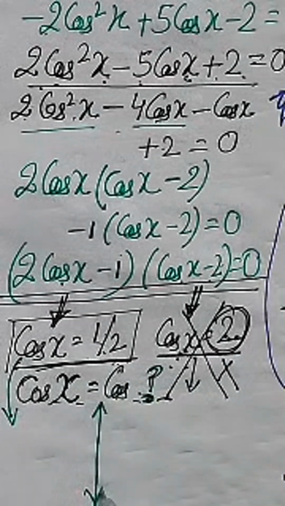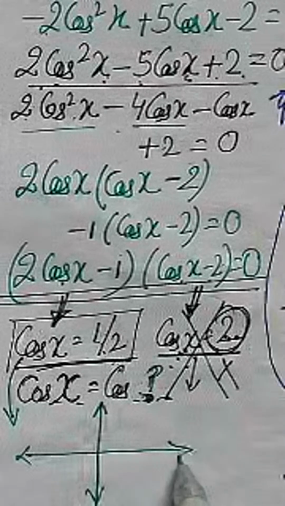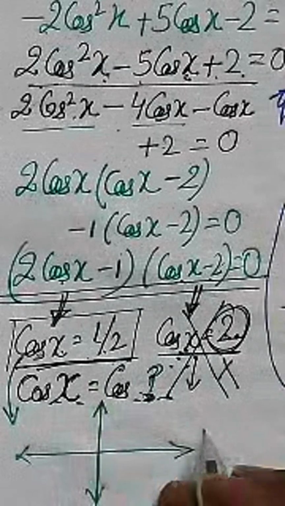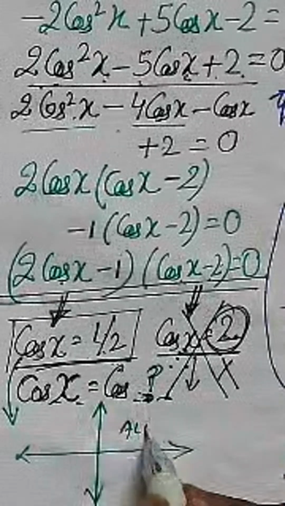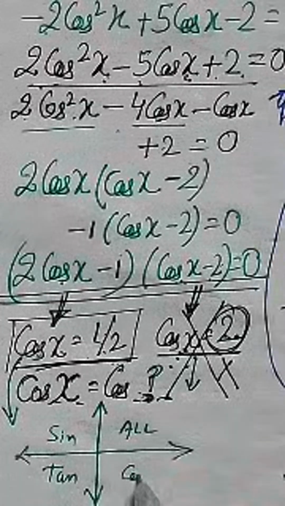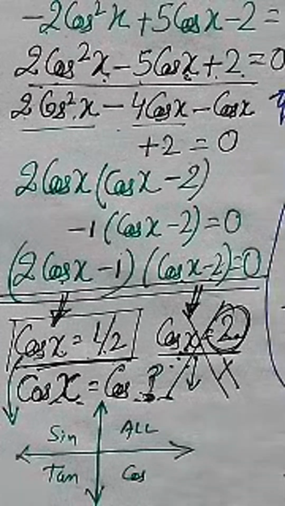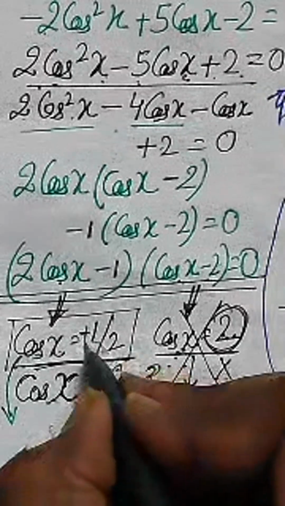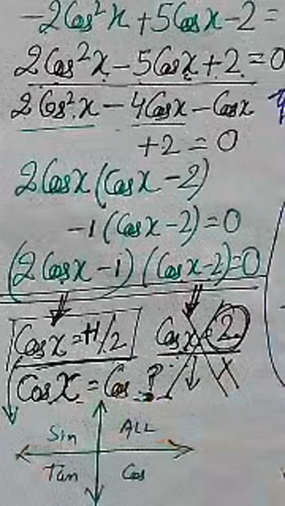the four quadrants here. cos x is plus 1 by 2, mind it. So here all positive, here sin positive, here tan positive, and here cos positive. So the cos is positive because the value 1 by 2 is plus, right?